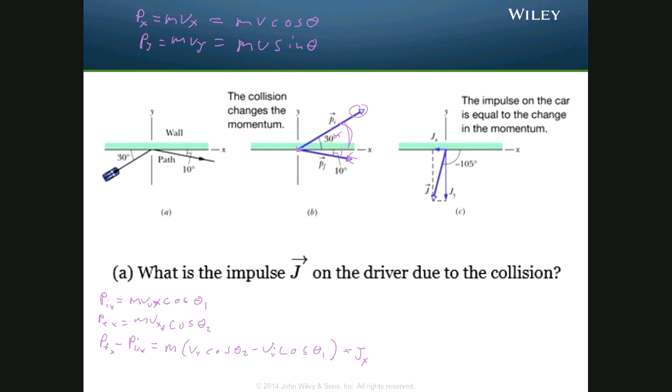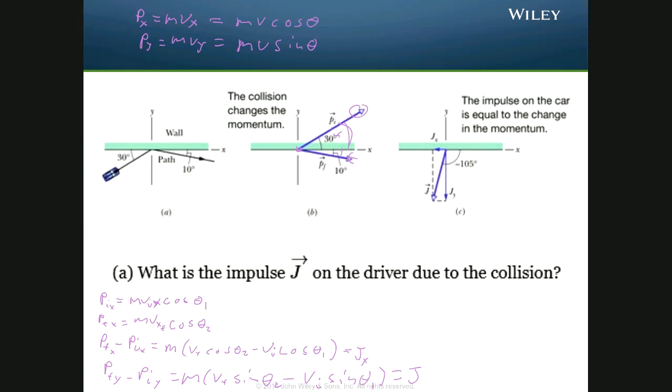And similarly, we can see that p final y minus p initial y in the y direction will equal m times v final sine theta 2 minus v initial sine theta 1, and that will equal J of y.